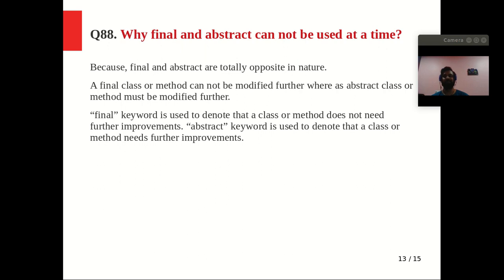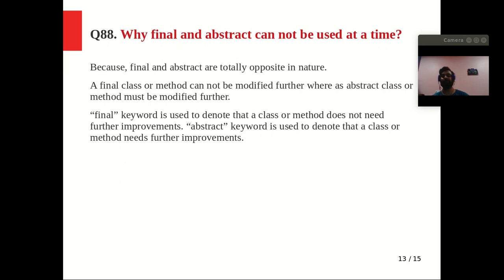Whereas an abstract class or method must be modified. If we mark a class abstract, it should be inherited by another class, and its abstract method should be re-implemented, or the implementation of that method should be provided. So that's why final and abstract are totally opposite in nature.